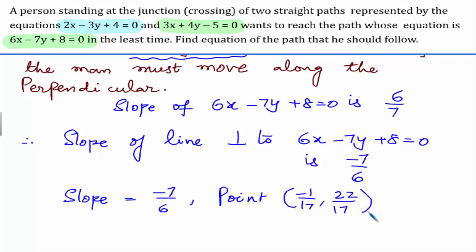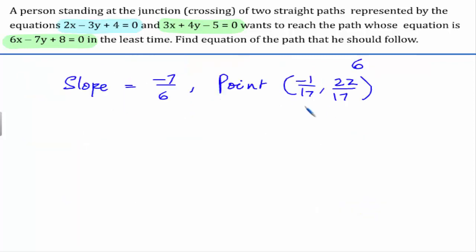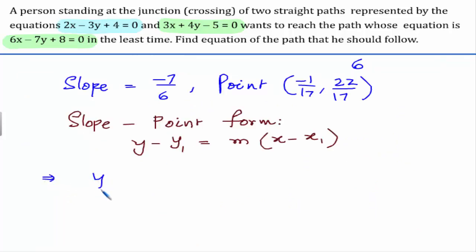Now let us substitute into the formula. We get y minus 22 by 17 is equal to minus 7 by 6 into x plus 1 by 17.